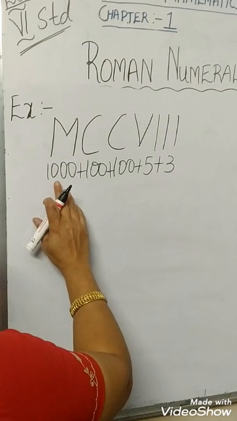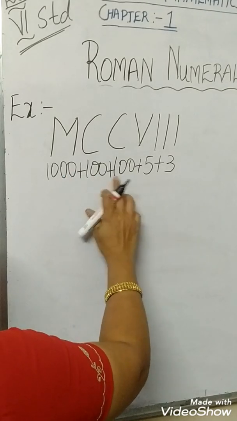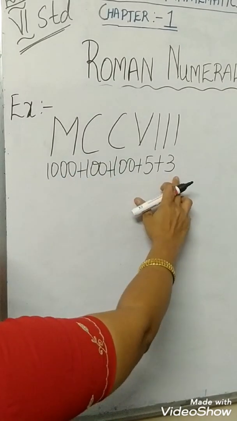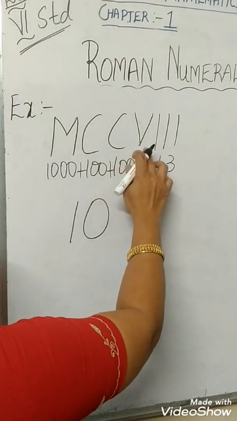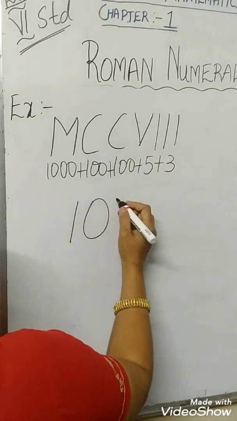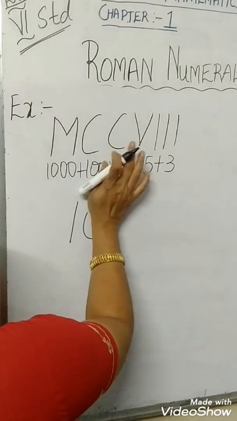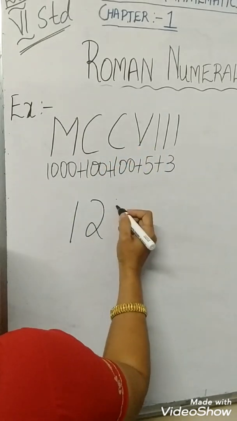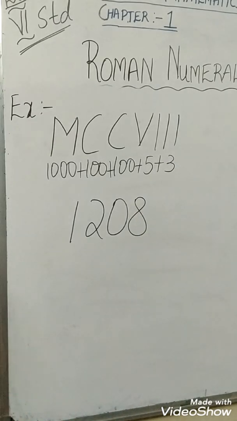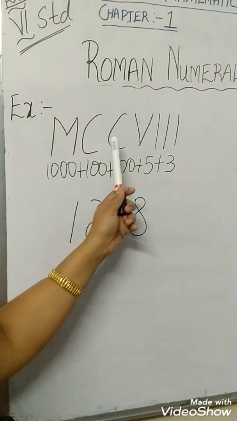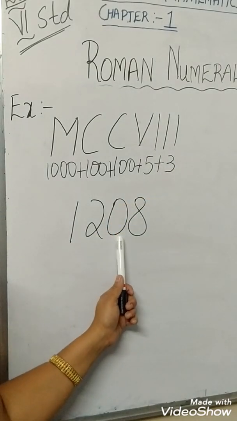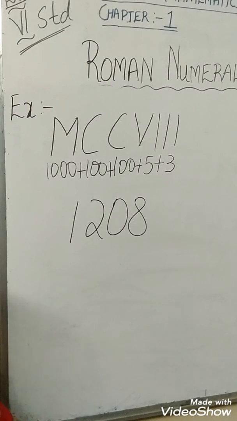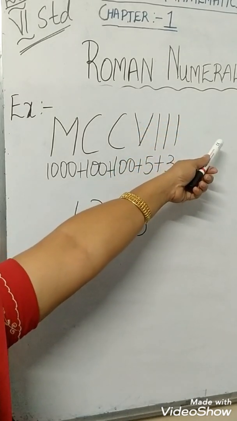So when you add it, 1000, 100 plus 100, 200, 1200, and this is 8. So the symbol M, C, C, V, I, I, I represents 1208. Is it clear, children? So these are Roman numerals.